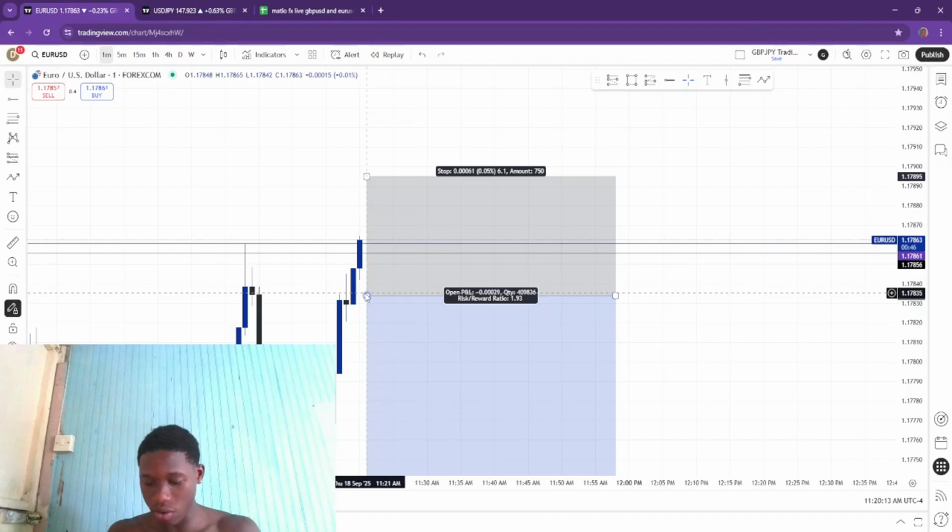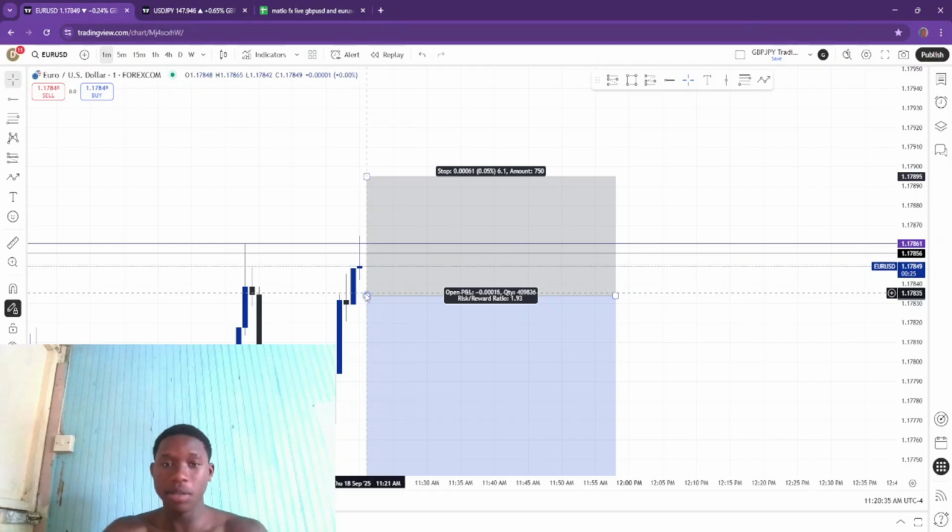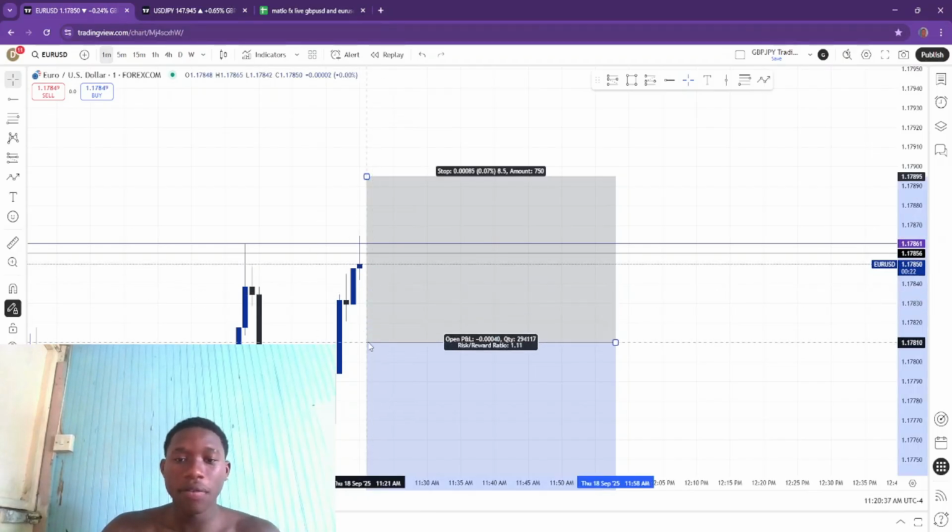Sweep of liquidity on Euro USD. SL just above that. Risking 25. That's our first TP. 25 hour as our first TP.